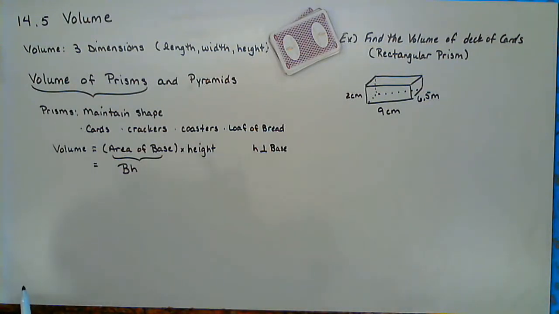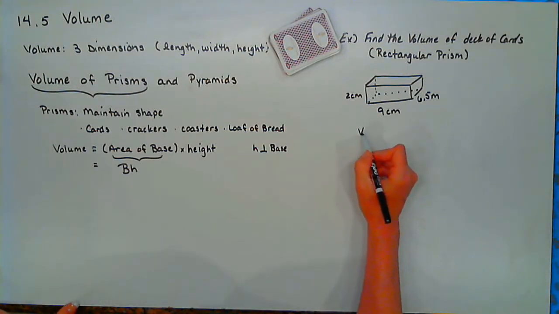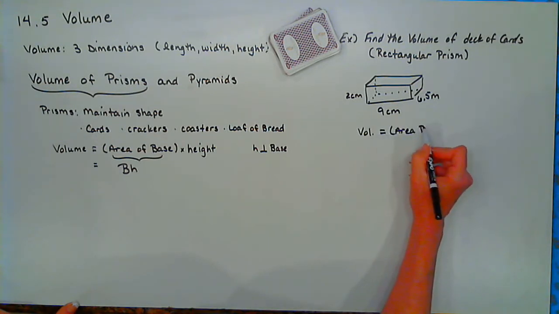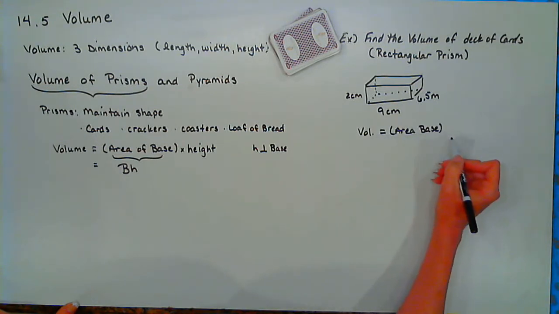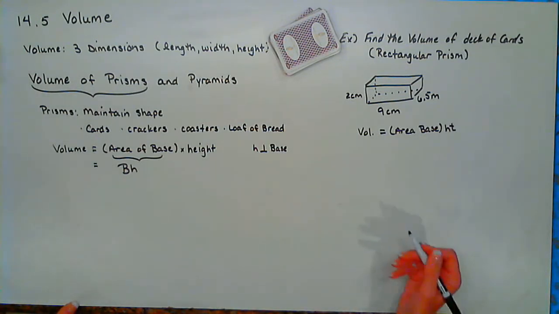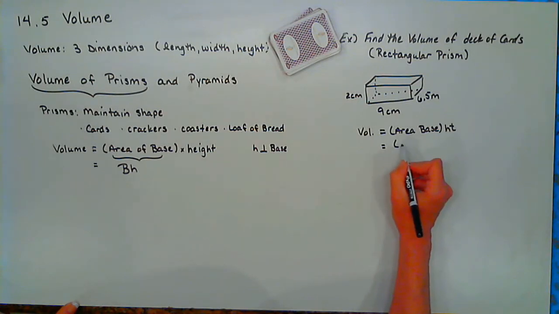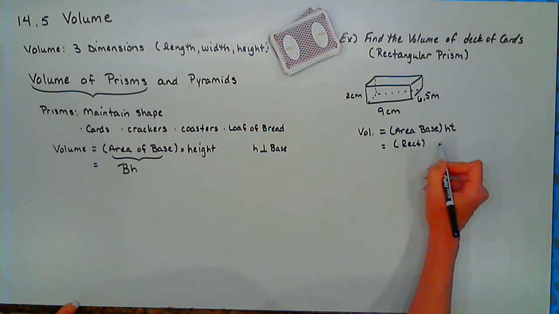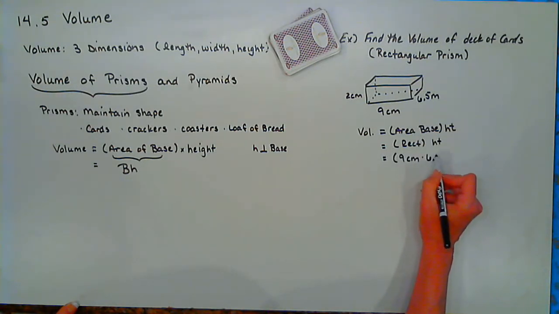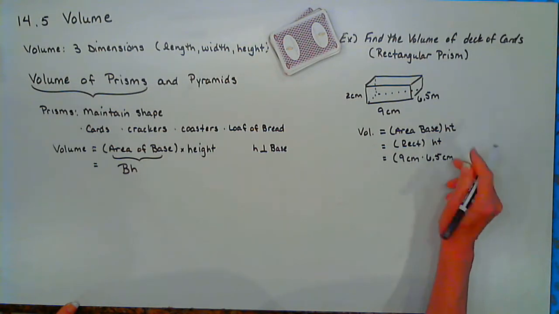I know a lot of times students just memorize length times width times height. Well, I'd rather think of it as volume equals the area of the base, because we can use any shape, times the height, as long as the base and the height are perpendicular. In this case, this is the area of a rectangle times the height. So the area of the rectangle would be 9 centimeters by 6.5 centimeters, not meters.